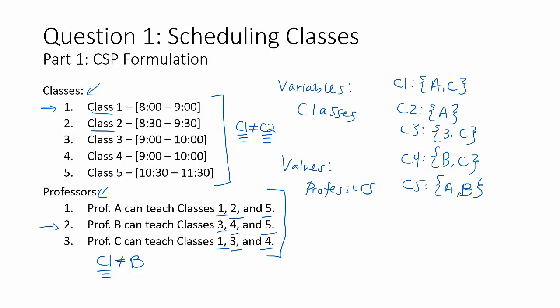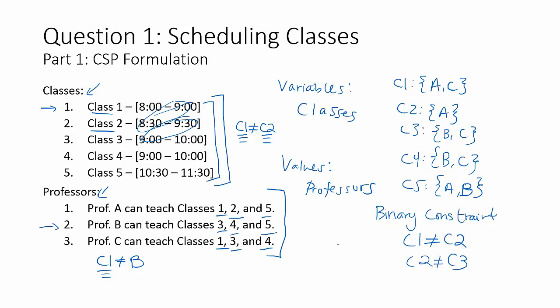Okay, so the binary constraints are going to be the classes that overlap. And from looking at this section here, the classes that overlap are class 1 and class 2 with this 8:30 to 9 period. So C1 and C2. Class 2 and class 3 also share this 9 to 9:30 overlap.